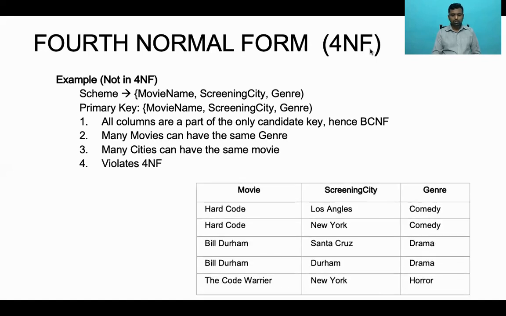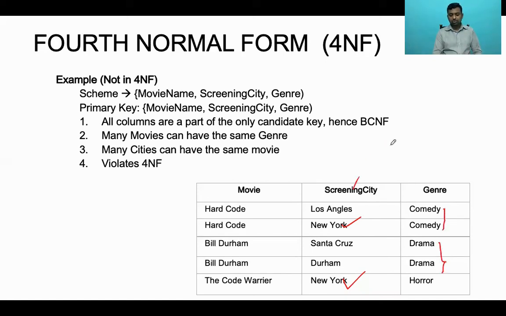Fine. Now what should I do? I have a movie name, a screening city, and the genre. Here you can see that New York is getting repeated in the screening city, and this is supposed to be a primary key. Not possible, right? A primary key cannot have duplicate values. It must be unique. Moreover, I can also make genre a primary key, but here comedy is getting repeated, drama is getting repeated.